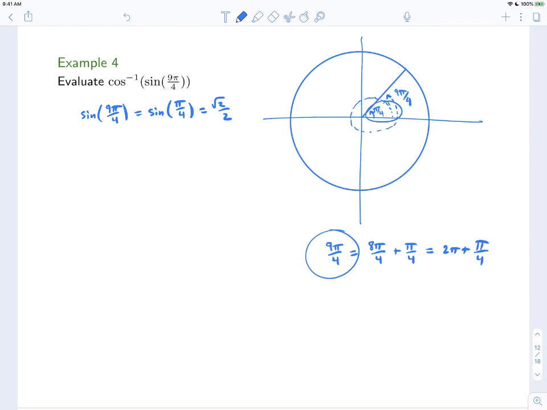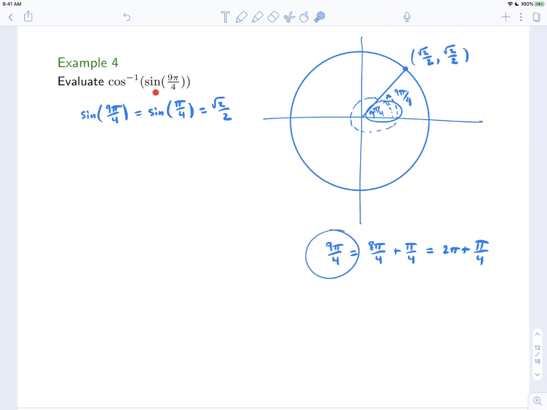That's because the coordinates of this point here are square root of 2 over 2, comma, square root of 2 over 2. So if the angle is pi over 4, then sine and cosine are both the square root of 2 over 2. So what we were asked to compute was cosine inverse of sine of 9 pi over 4.